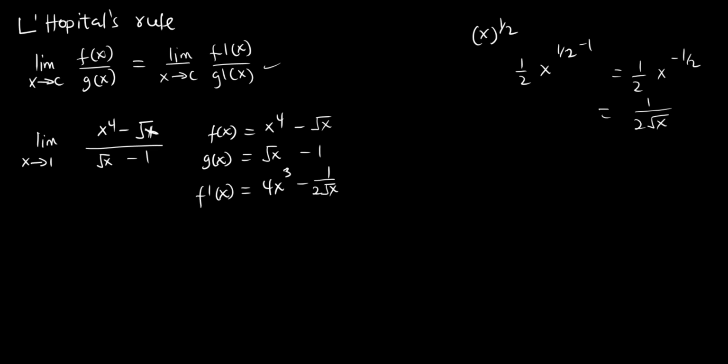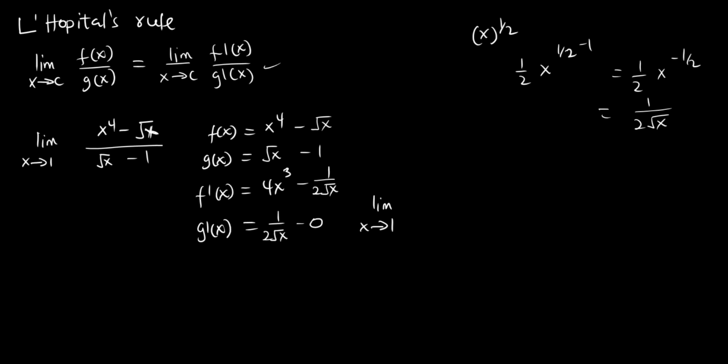So let's find the derivative of g of x. That will be g prime of x. We know that the derivative of square root of x will be 1 over 2 root x, and then the derivative of 1, which is a constant, will be 0, so minus 0. So now let's do the substitution. So we are going to have the limit as x approaches 1 of f prime of x divided by g prime of x.